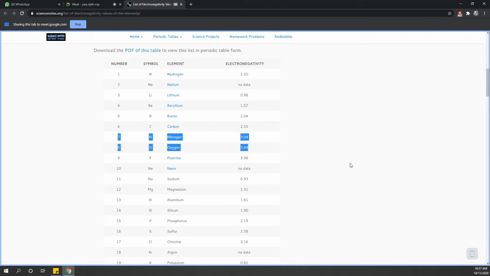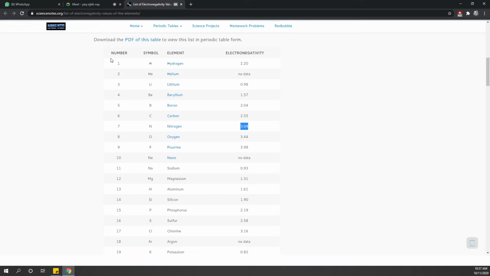Mana satu lagi electronegative? Nitrogen. Oxygen. Oxygen kan? Tengok. Nilai oxygen is 3.44 while nitrogen is 3.04. So, oxygen is more electronegative than nitrogen.